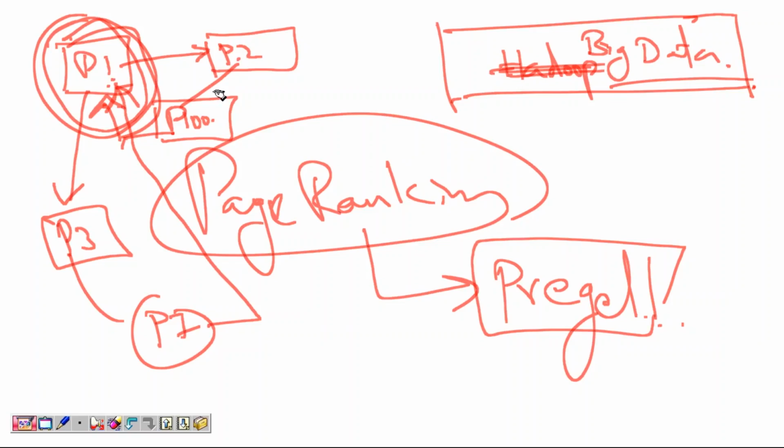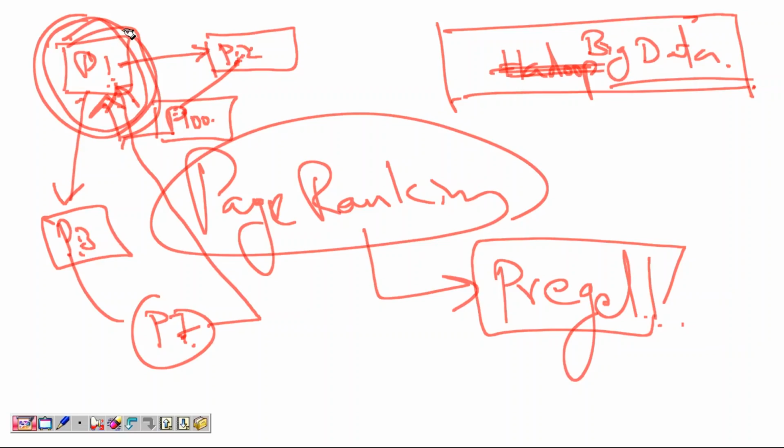Now this is not only for Google pages. Try to apply this for Facebook users, or for airports, bus stations, railway stations or telephone numbers. Phone number 1 to phone number 2, phone number 2 to phone number 3, again phone number 3 to phone number 1. That means which number is creating more traffic here? The first phone number P1.